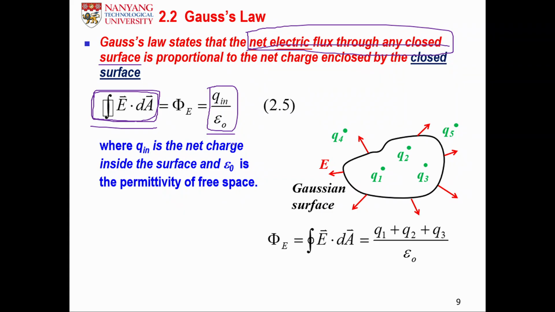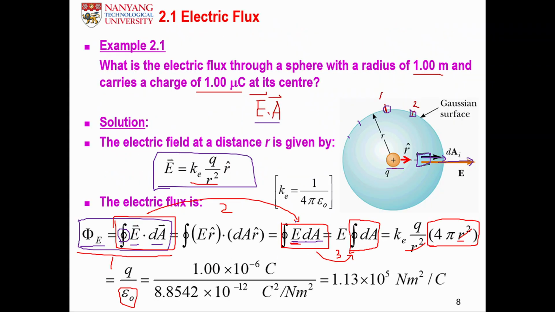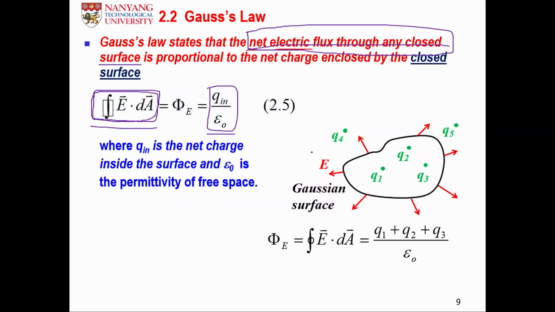And if we have Gauss's law, actually now we don't really have to do this kind of integration to determine the flux. Instead, let's say we have five charges, Q1, Q2, Q3, Q4, Q5, and there is a closed surface, an arbitrary closed surface. Again, this is not a loop, but imagine it to be a three-dimensional closed surface.